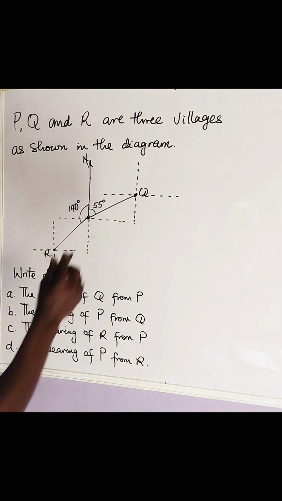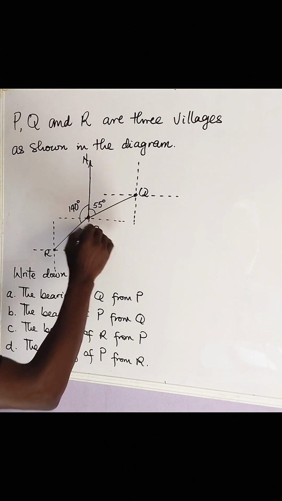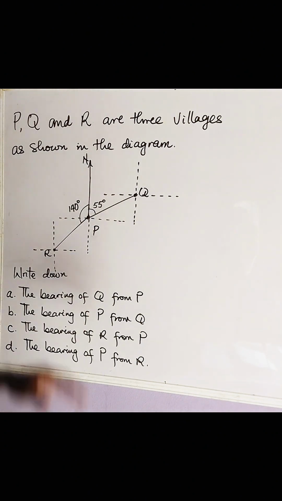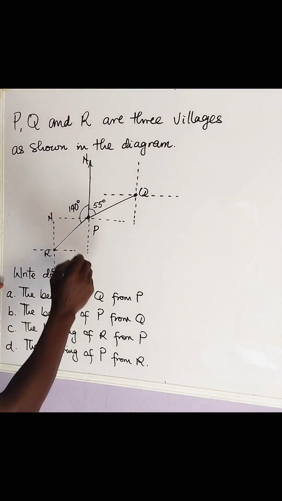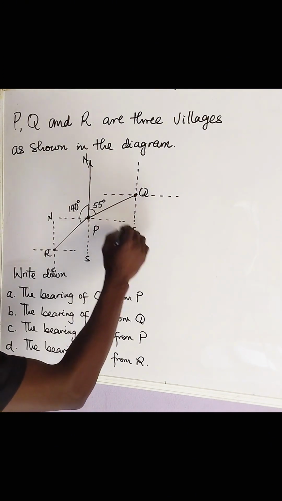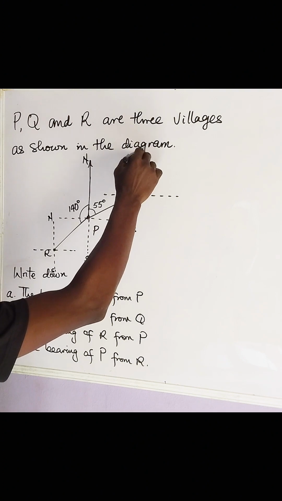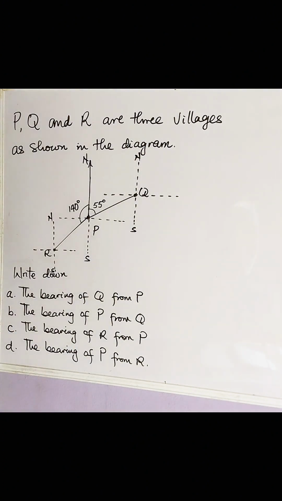Take note that here is our P. Now with this, we've drawn our north. This is our north, then this is our south, this is our south for Q, and this is our north.